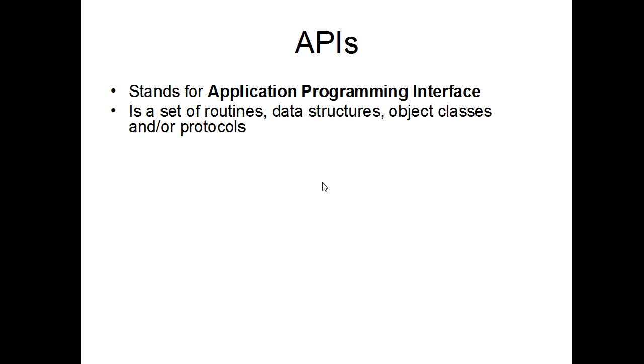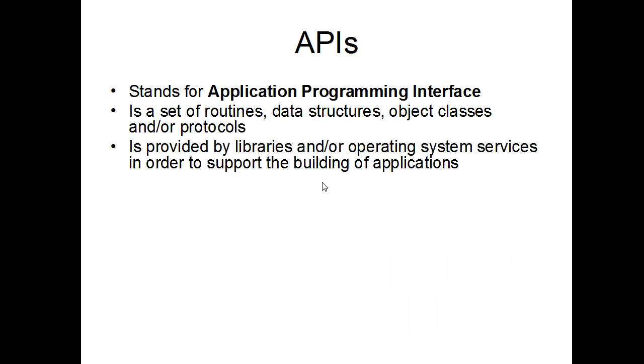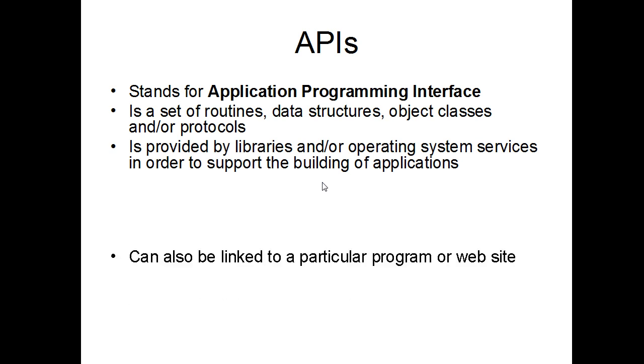An API is provided under the format of libraries or operating system services in order to support the building of application. Basically, you're doing something and you want people to build something else around your application, and that can be at any level. An API can be linked to an operating system.